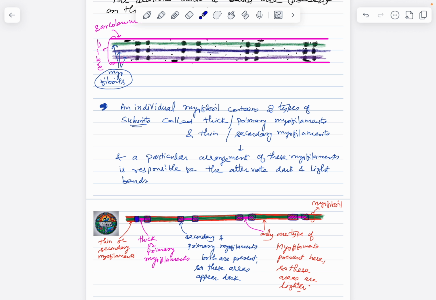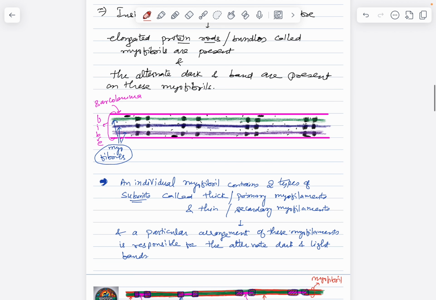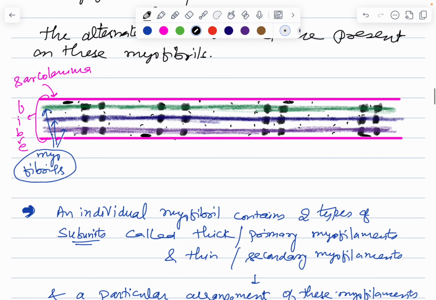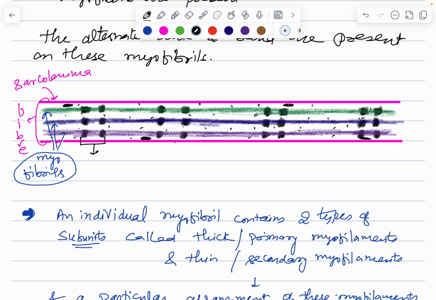Between the two dark bands also, there is an area with only thick filament, so that is also appearing somewhat lighter. So if I mark the names here, this much portion of your myofibril is called the dark band.